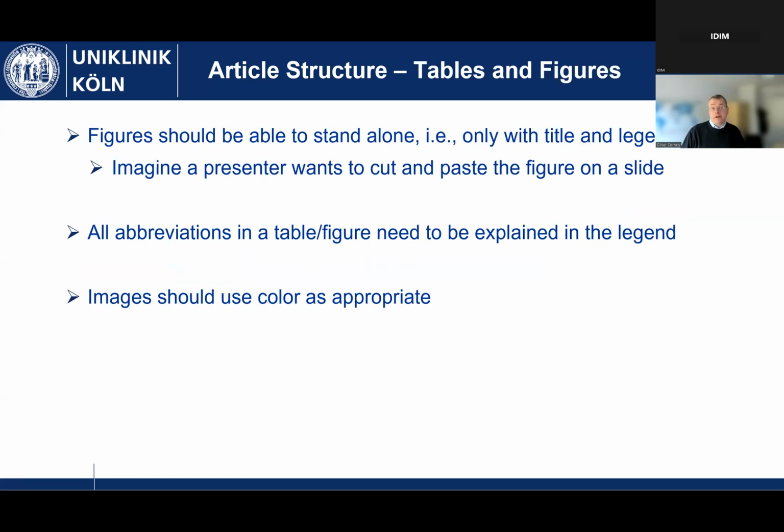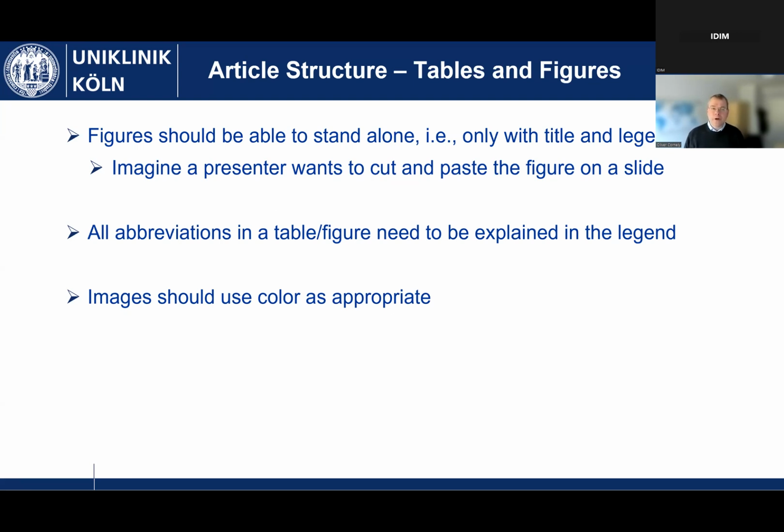And there is more in an article: tables and figures. So tables should be able to stand alone. That means that with only the title and the legend, if there is nothing else, title, legend, and the figure or table itself, that should be enough information to understand what it's about and what population characteristics, for example, are in that table.